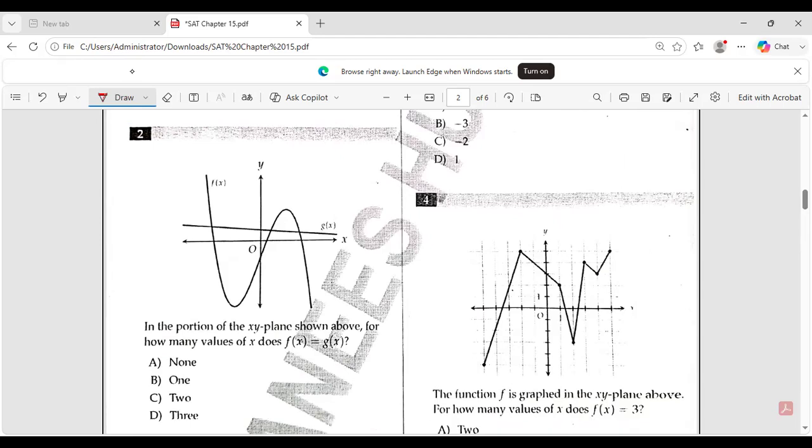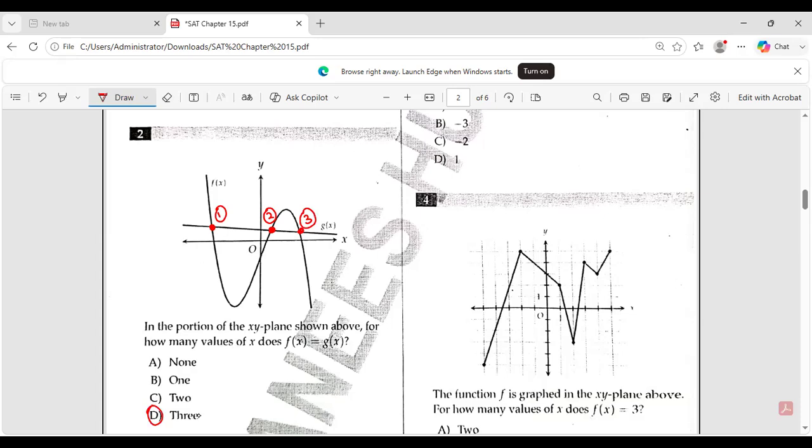Answer is 3. So basically, f(x) equal to g(x) will result at all points where the line and the curve are intersecting each other. It is intersecting at this specific point, then at this point, and then at this point. At these specific points, both f(x) and g(x) are the same. So how many points of intersection do I have? I have got 3 different points of intersection.